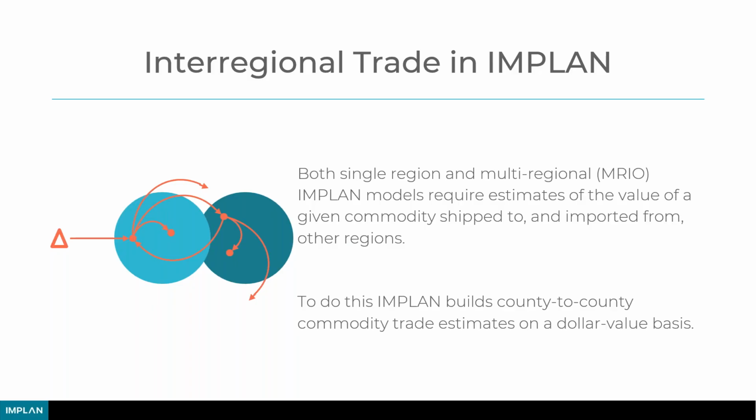They require estimates of the value of a given commodity shipped to and imported from other regions. These data are not readily available in a consistent and reliable format, so IMPLAN needs to build them. To do this, we build county to county commodity trade estimates on a dollar value basis.